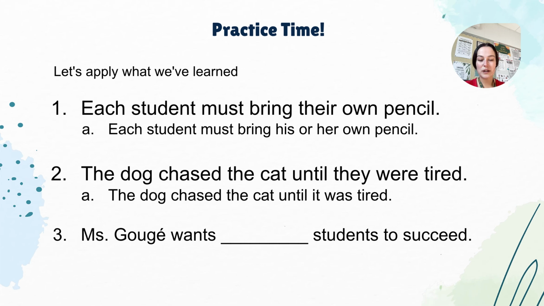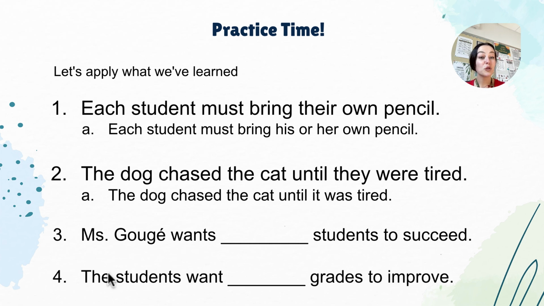Hopefully you were able to figure out that Miss Gouget is singular and feminine. So we're going to say: Miss Gouget wants her students to succeed. Her is singular and feminine. Miss Gouget, I am one person and I am a female.